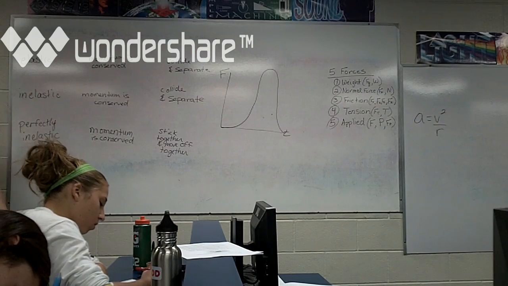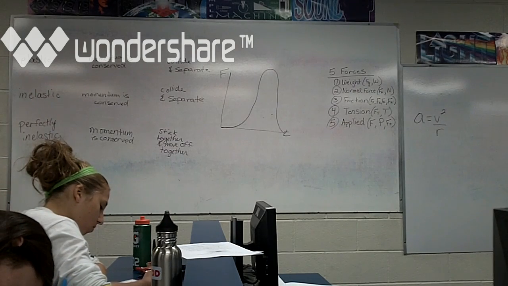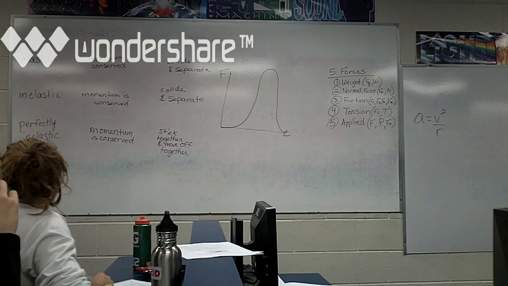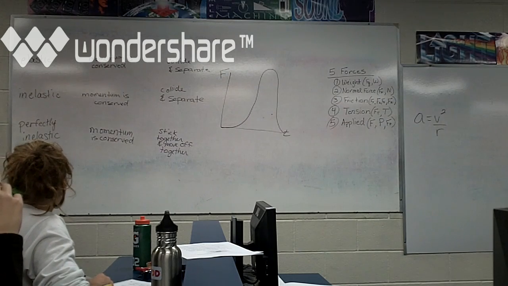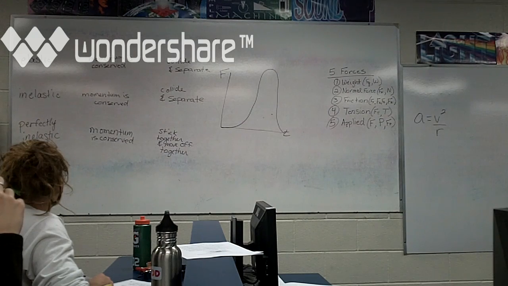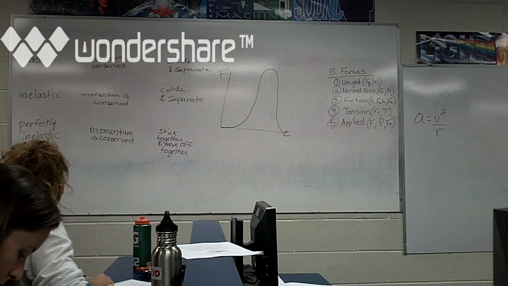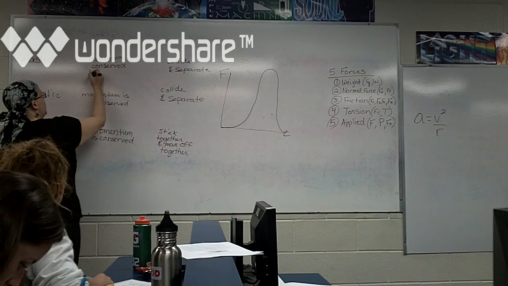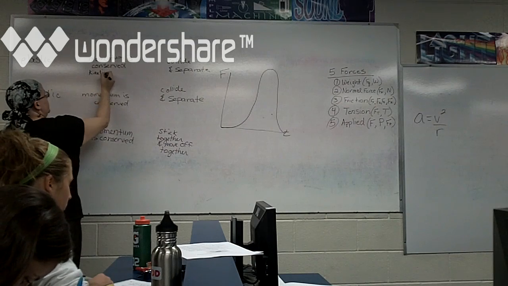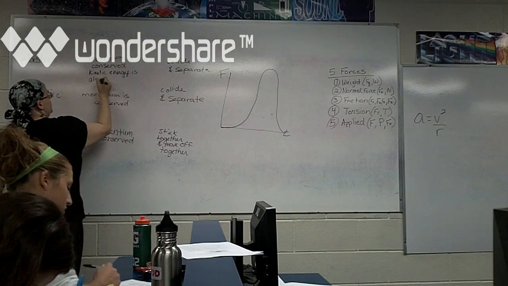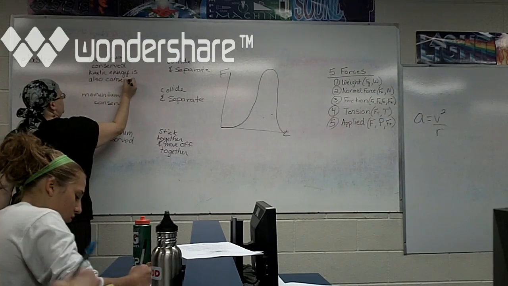If they both collide and separate and momentum's conserved in both, how do I know the difference between elastic and inelastic? Well, in an elastic collision, they collide, they separate, but it's kind of like having 2 rubber balls bounce off of each other. In an elastic collision, the kinetic energy is also conserved.